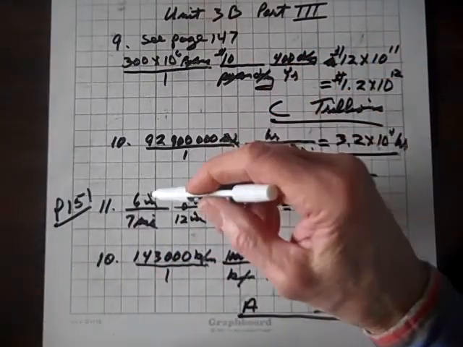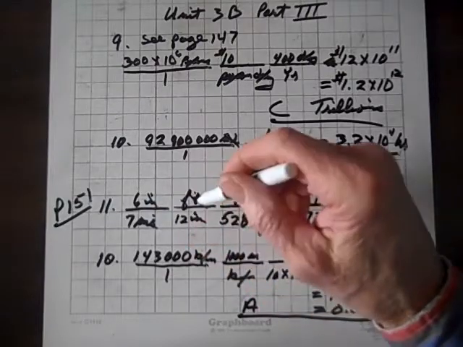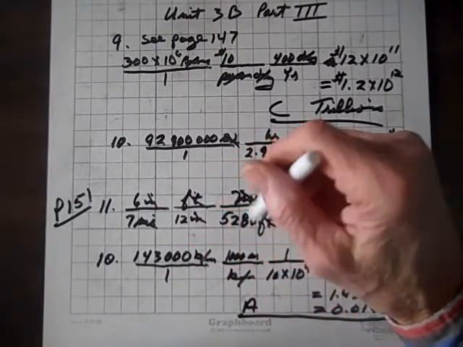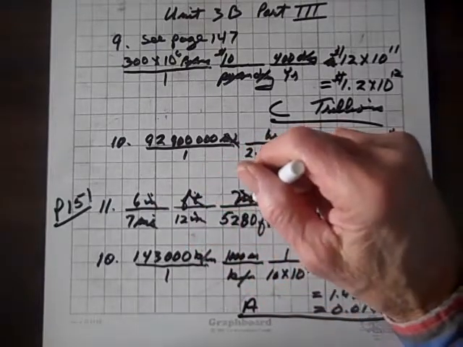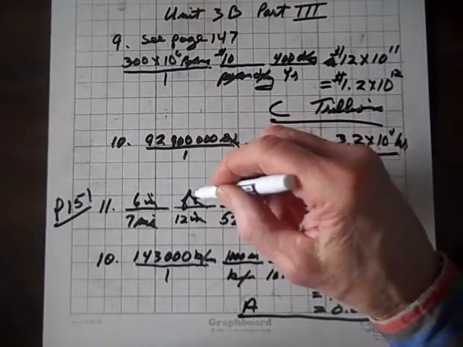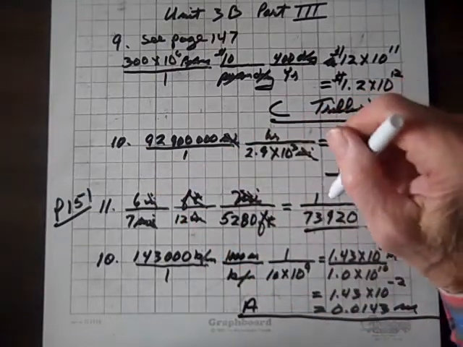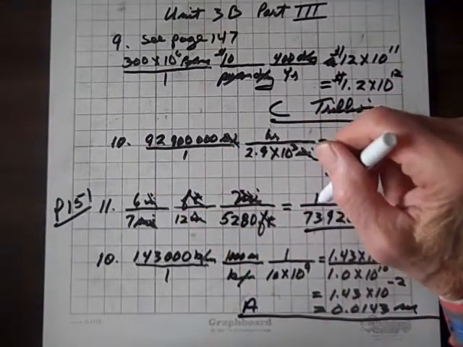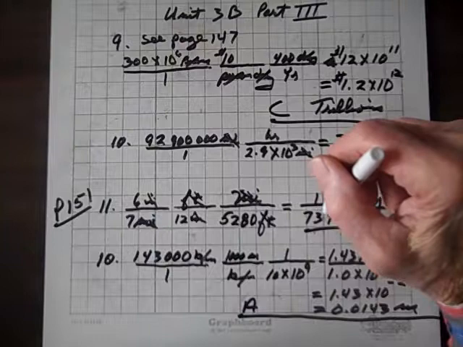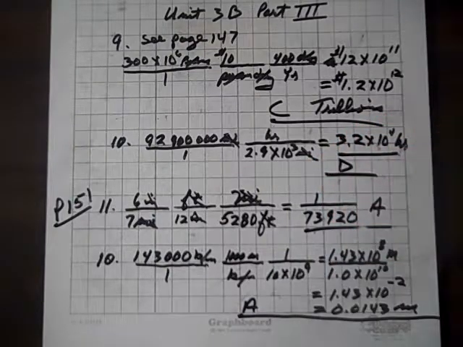So we've got 6 inches per 7 miles. There's 12 inches in a foot, 5,280 feet in a mile. The feet divide out, the miles divide out, the inches divide out, and what we're left with is 1 over 73,920, which is A.